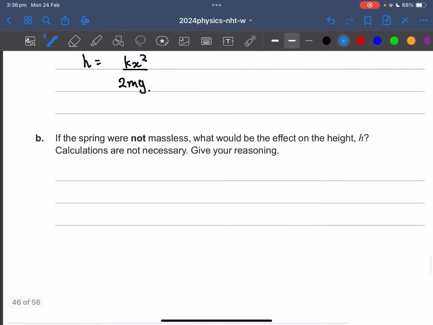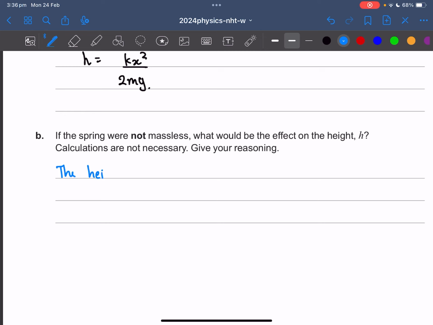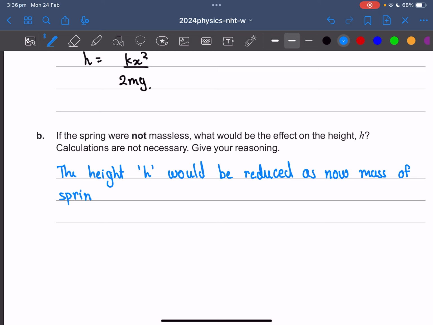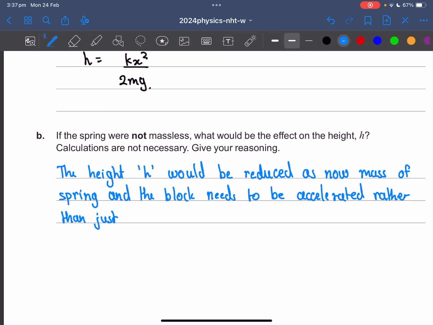So we can say that the height h would be reduced, as now the mass of the spring and the mass of the block need to be accelerated, rather than just the block.